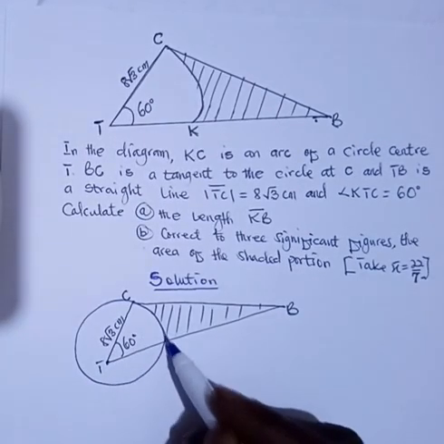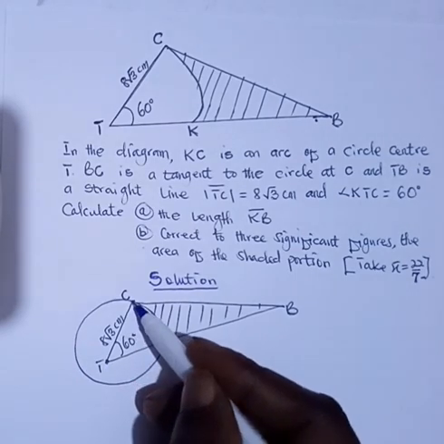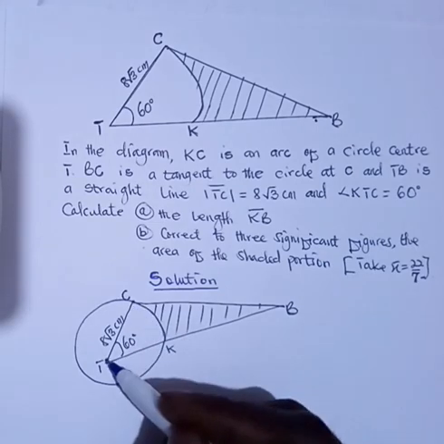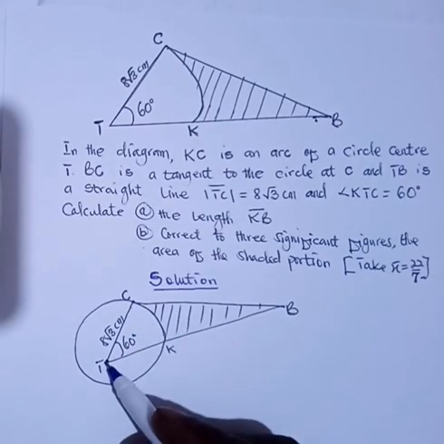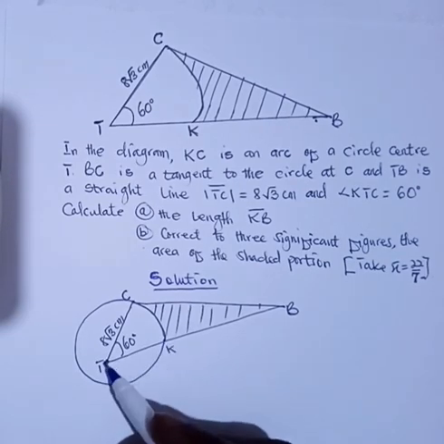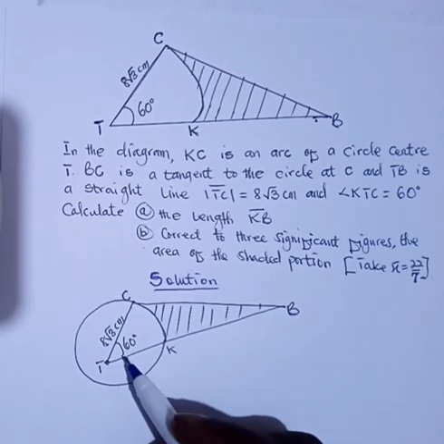So let's say this is our circle and T is the center. Since T is the center, this line from T to C is what we call the radius. Have you gotten that? Good. This is the radius, and the same thing here, T to K is also what? The radius.